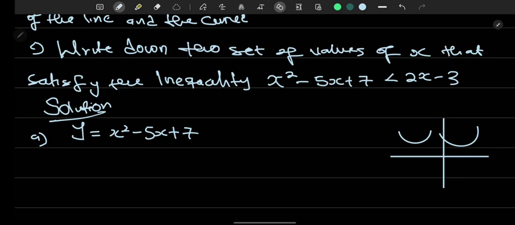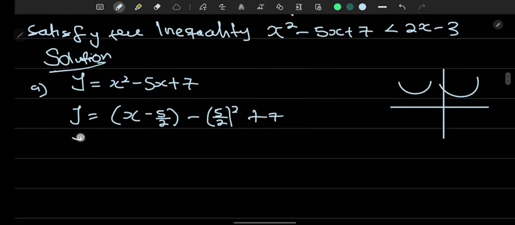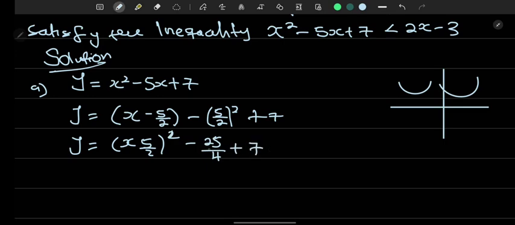So you have y equals x minus, you consider the coefficient of x, which is 5, then divided by 2, we have minus 5 over 2. Then we subtract the square of that result, which is minus 5 over 2 squared, plus 7. So you have y to be x minus 5 over 2 all squared minus 25 over 4 plus 7.